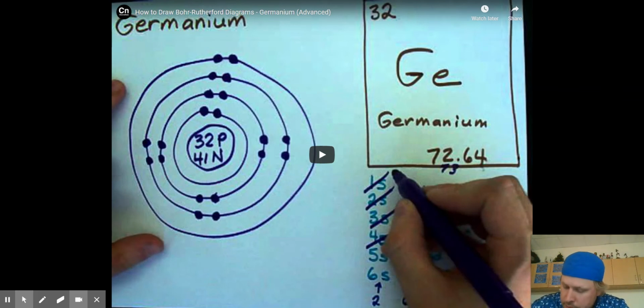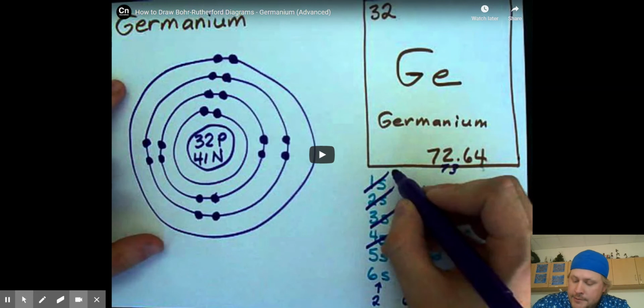First orbital, 1s can hold how many electrons? You're right, 1, 2. Second orbital, we start with 2s, 1, 2. Then we go to 2p. That's 6. 1, 2, 3, 4, 5, 6.